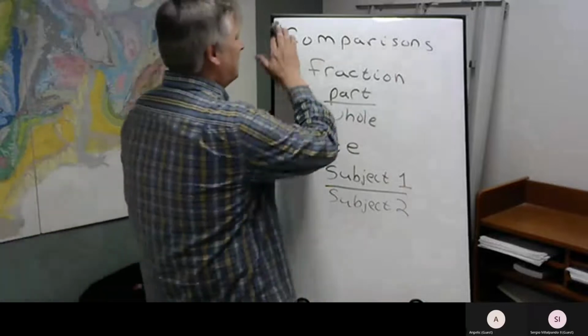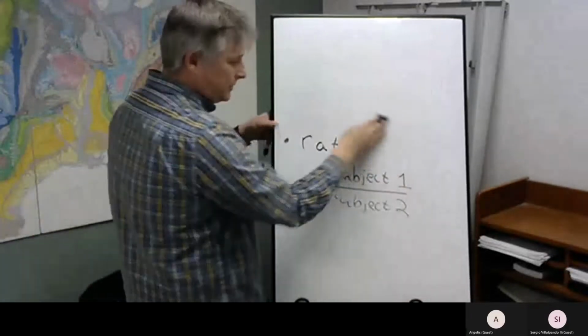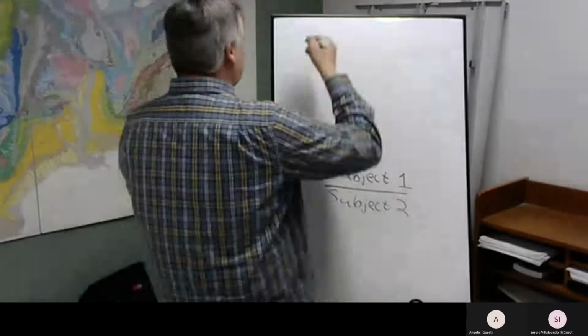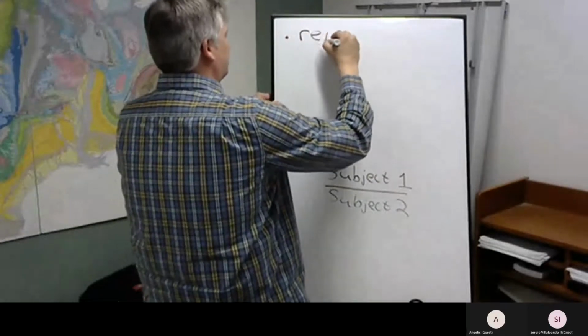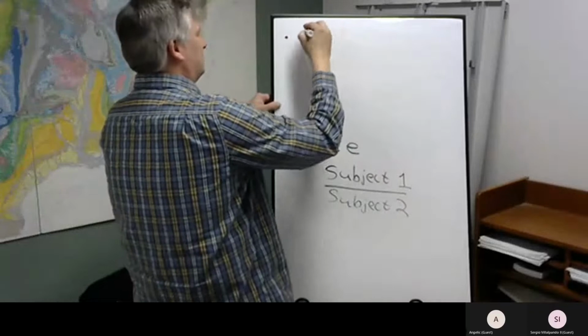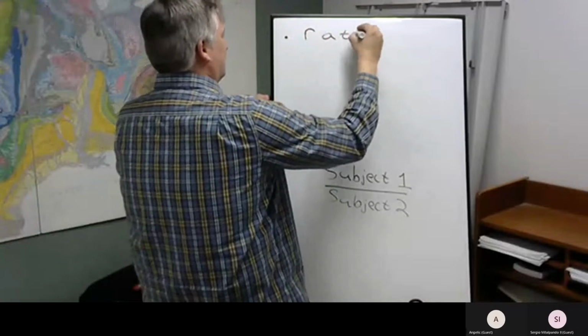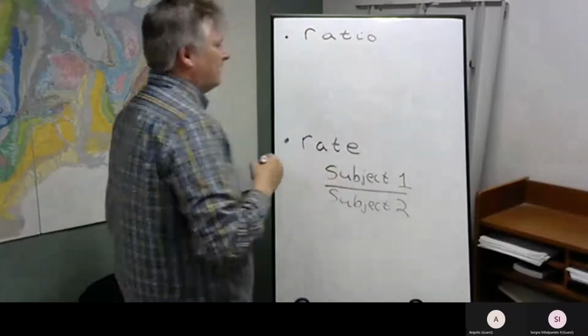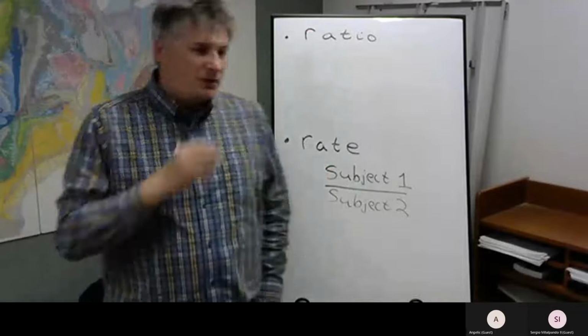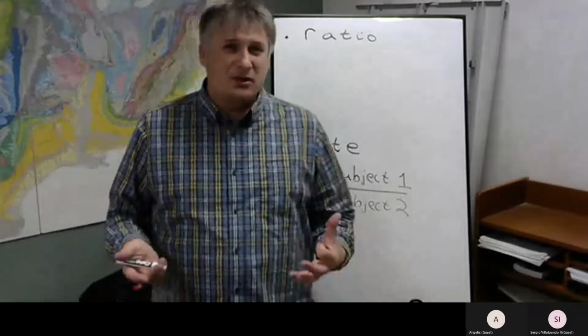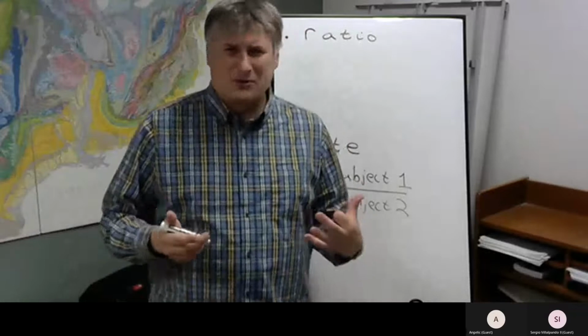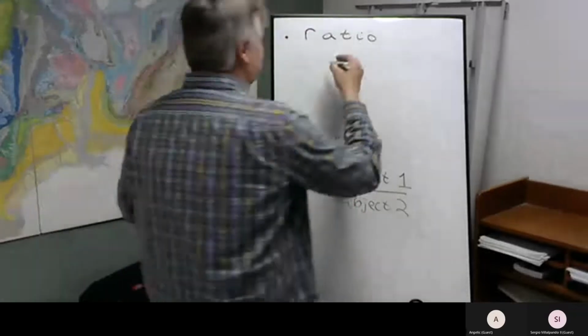Finally, the other one is called a ratio. When we talk about ratios, we're talking about the same subject or the same substance, just different versions of it.